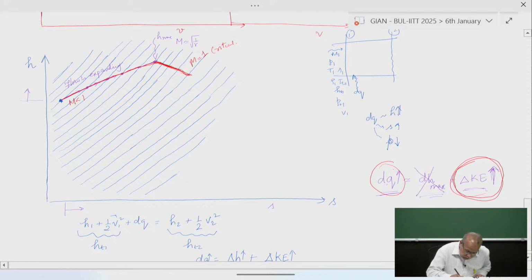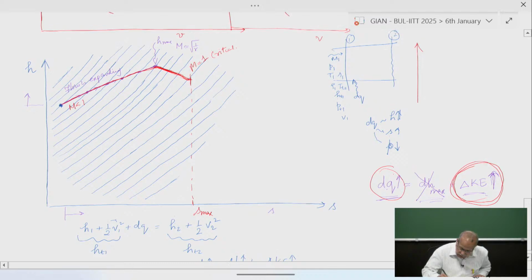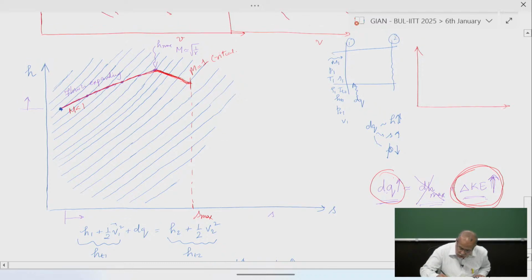Now here you can see this is S max, because that is what we have seen. On the Rayleigh line, there are two well-defined points.